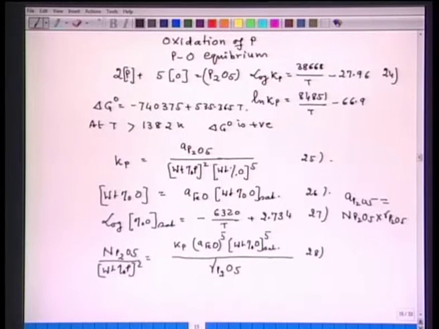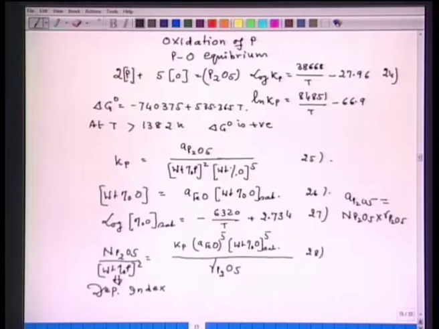This ratio Np2O5 upon wt percent P square denotes the dephosphorization index, DEP, because Np2O5 is approximately proportional to wt percent phosphorus in slag. You can call this ratio dephosphorization index or coefficient of phosphorus partition or dephosphorization ratio, whichever way is convenient to you.